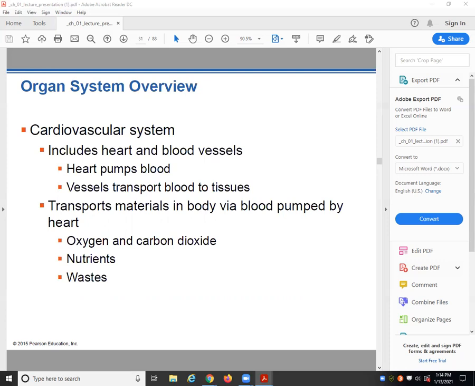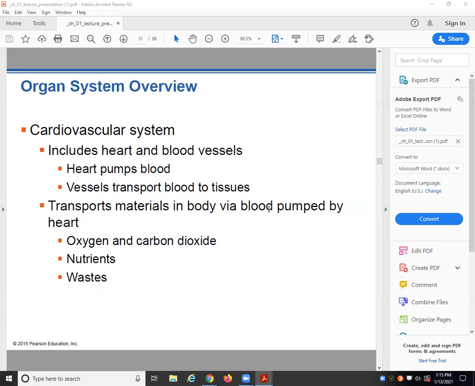So the overall function of the cardiovascular system is to transport materials in your body via the blood pumped by your heart.